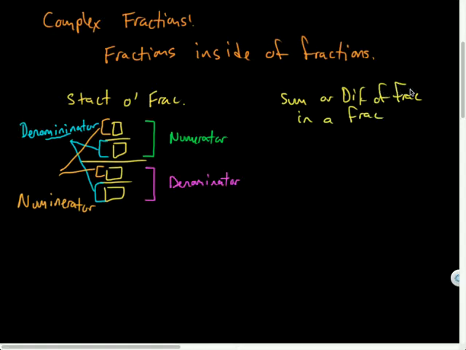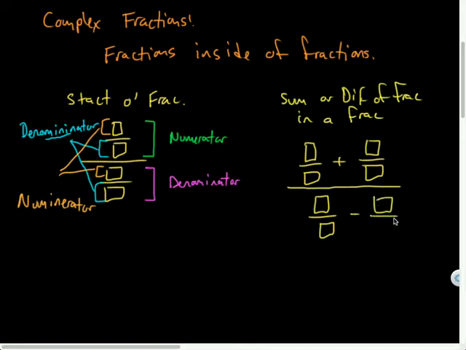The general structure for that would be like if I had a fraction plus a fraction all divided by another fraction, or maybe another set of fractions being added or subtracted. So this is really crazy. Both of these are considered complex fractions. We're specifically going to target just the Stacko Frac situation today.